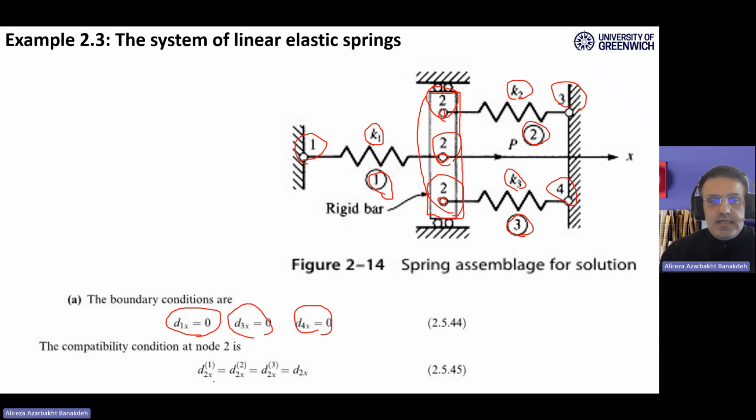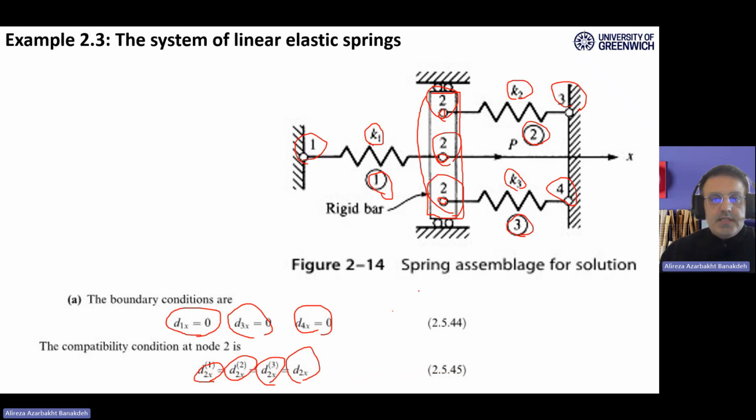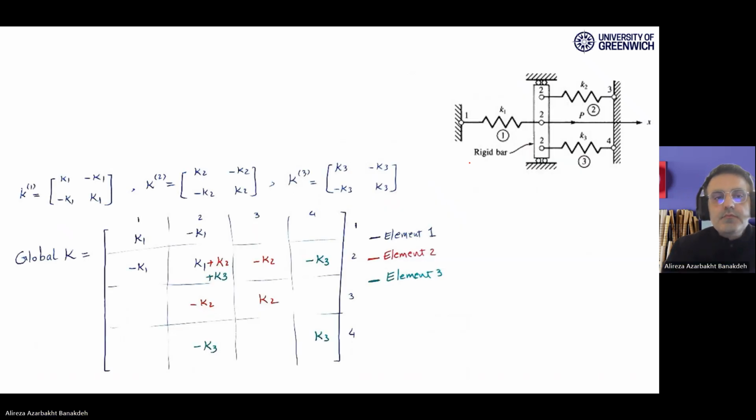And you can say deformation at node number 2 for element number 1, 2, and 3 are the same and identical to D2x, for example. So to solve this problem, you need to assemble the stiffness matrix for every individual element and then assemble the whole structure's matrix as we have done this for all the previous examples.